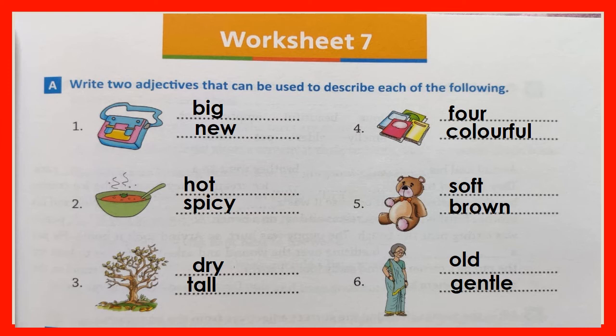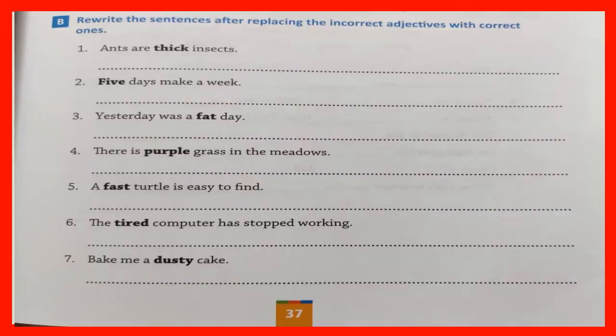Okay, now let's do the next exercise on the same page. Exercise B. Rewrite the sentences after replacing the incorrect adjectives with correct ones. Now here in the sentences, can you see some words, they are different than other words.